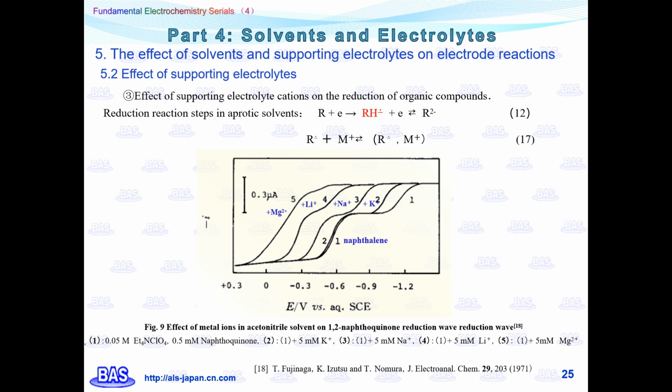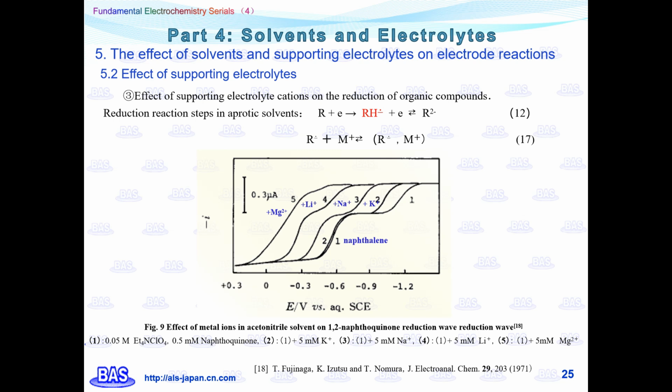It can be found that the smaller the radius of the metal ion, or the higher the number of charges, or the weaker the donor property of the solvent like acetonitrile or propylene carbonate, the more likely the positive shift of the half-wave potential occurs.